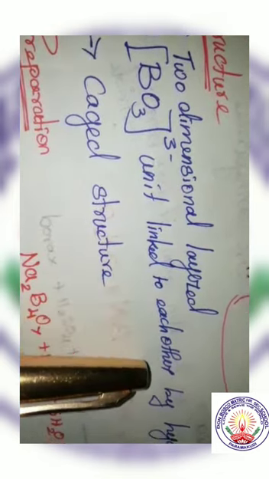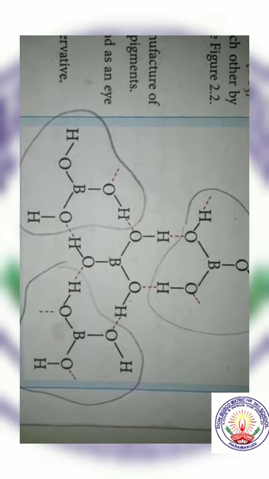So here each unit is linked together. So this unit is linked with this by this hydrogen. So like that each BO3 3 minus unit is linked to each other by hydrogen bond.